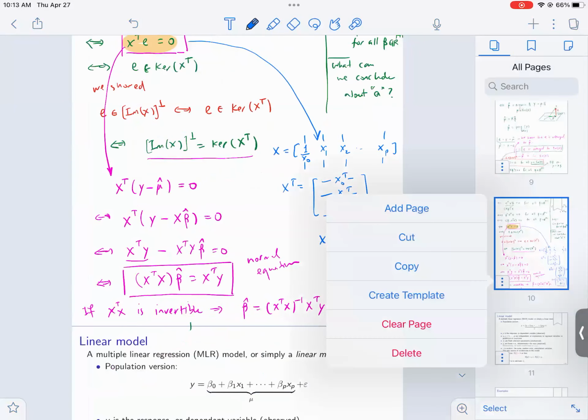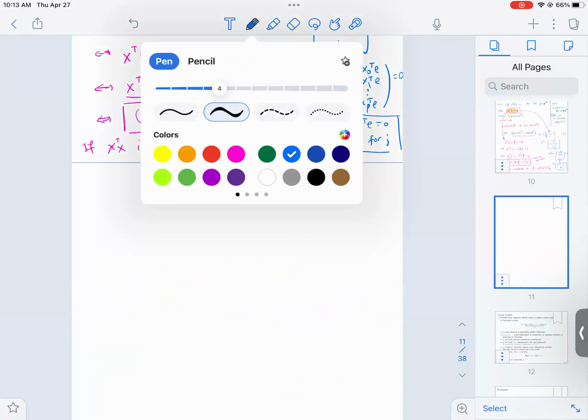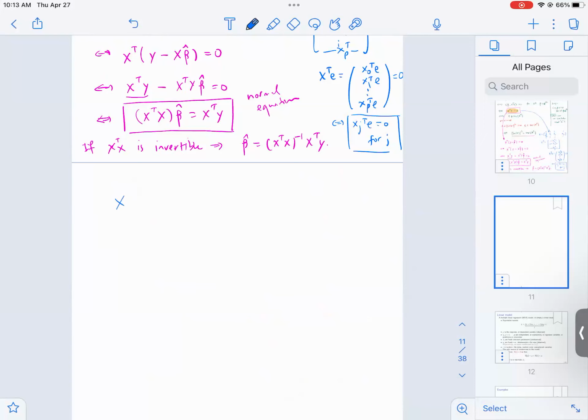So let's recall. We're working with X beta. Usually we have a lot of samples, and in this course, n is usually much bigger than P plus 1. And then this is going to be P plus 1. So that's going to be beta, P plus 1.